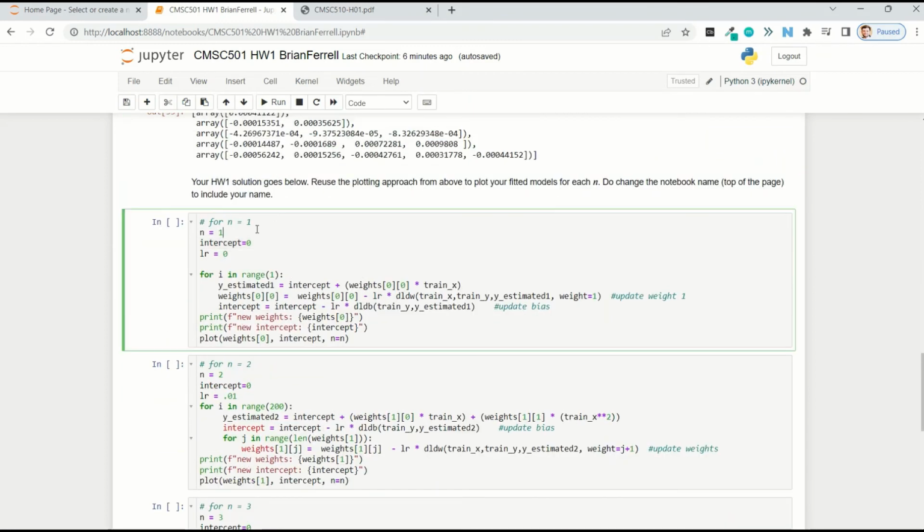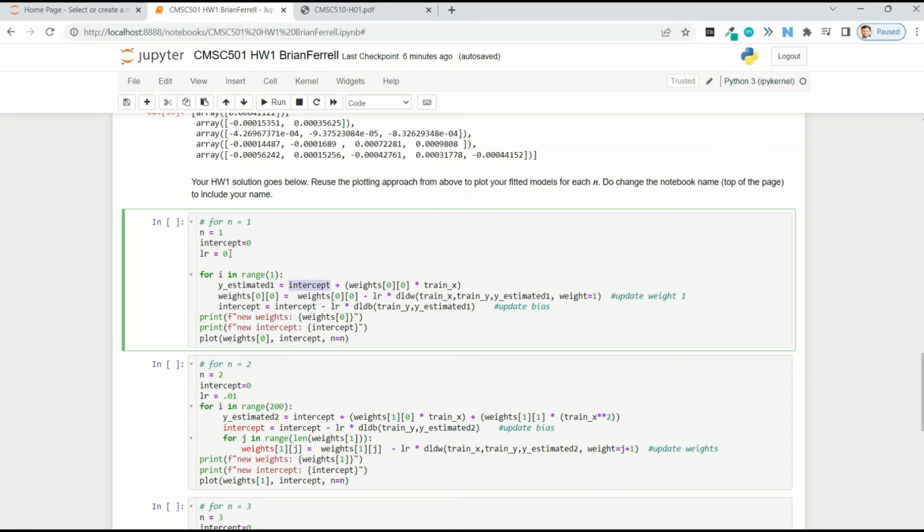So for n equals 1, which has basically been the example that we've been going through, if I were to just run this, we have our randomly initialized weights, and we have our y estimate, which is our model, which is our intercept plus our weights times our training data.